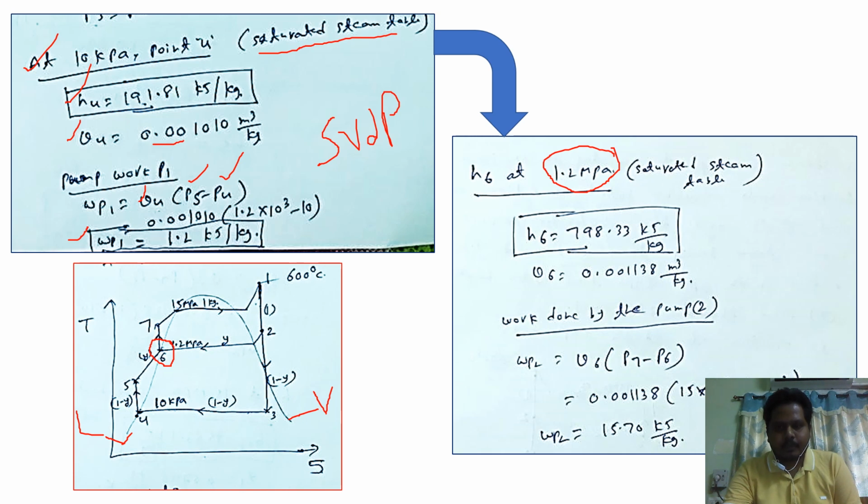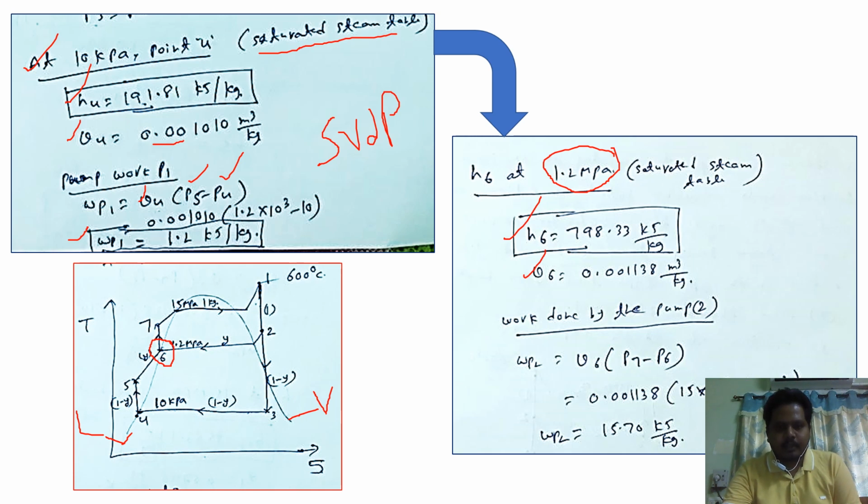Enthalpy at 1.2 megapascal is 798.33 kilojoule per kg. Specific volume is 0.001138 meter cube per kg. These values I have taken from the saturation steam table, because point 6 is on the saturated liquid line.